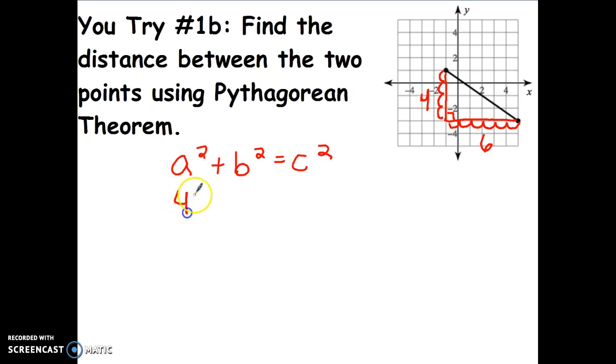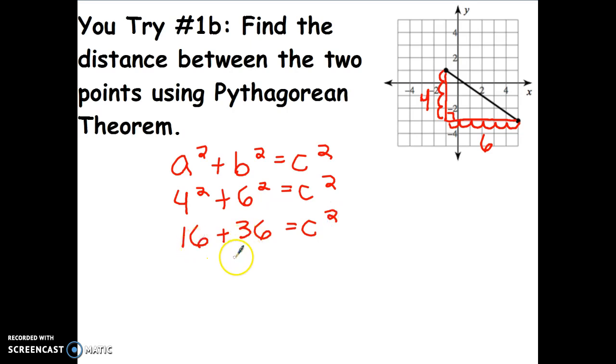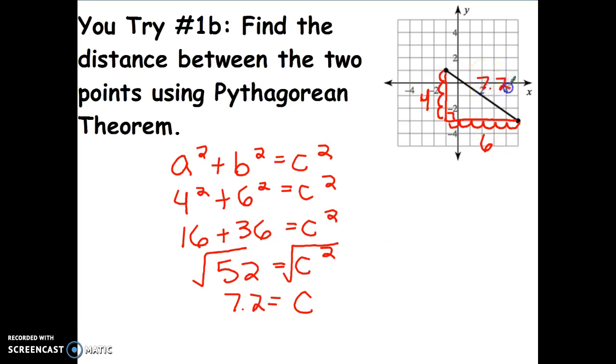Plug in our legs, 4 squared plus 6 squared equals c squared. 4 squared is 16, 6 squared is 36. 16 plus 36 gives us 52. Take the square root of both sides. C equals, and if we round to the tenth, it's 7.2. So the length of this line segment is 7.2 units.